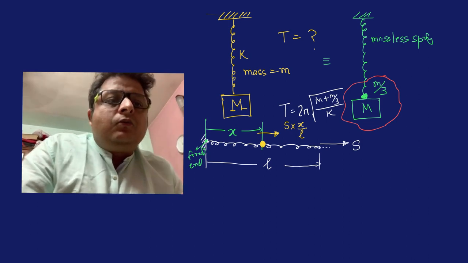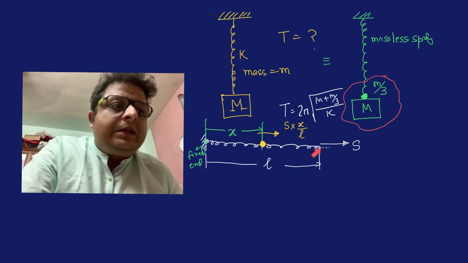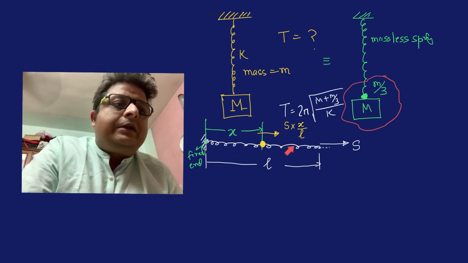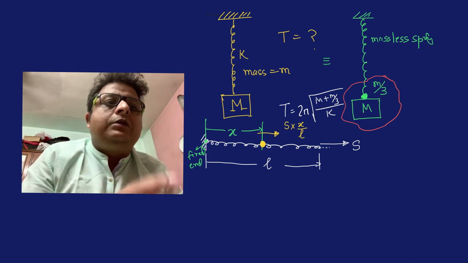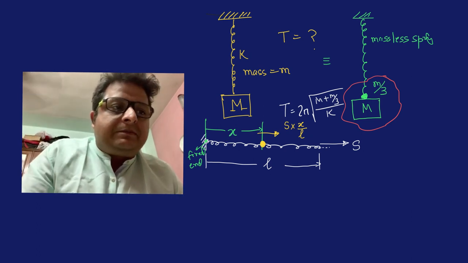Why? What is the reason behind it? Because very simply, from here to here, how many coils are there? Say you consider x equal to half of the length of the spring.